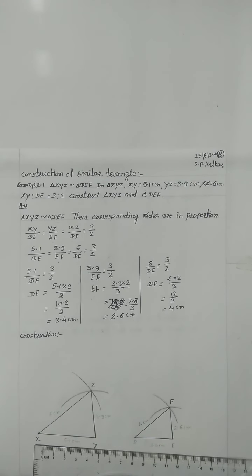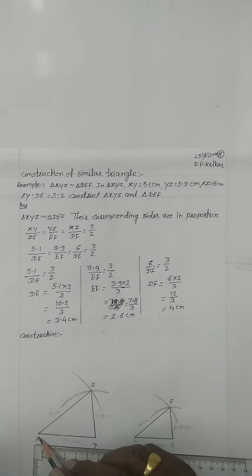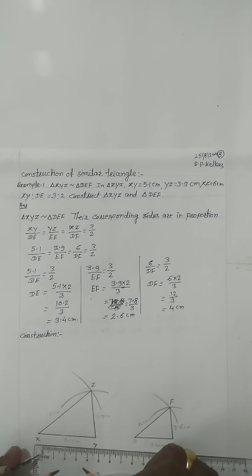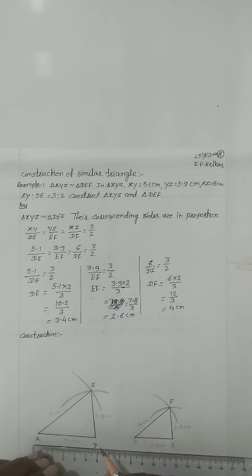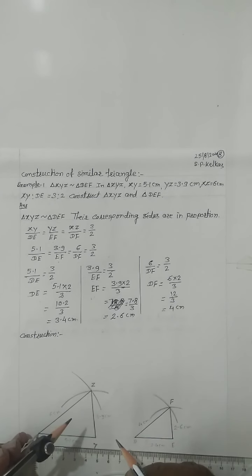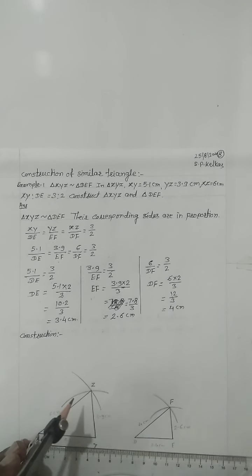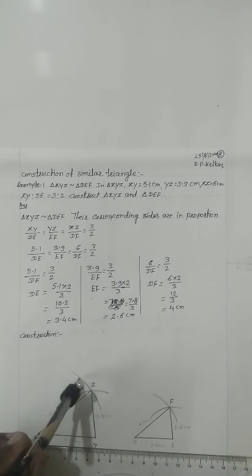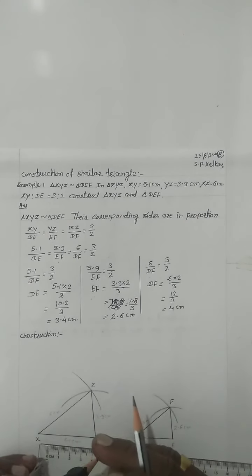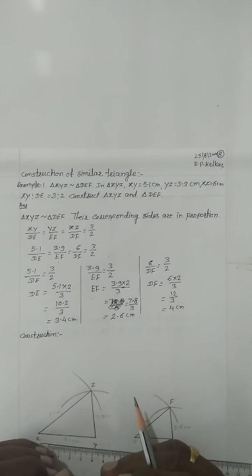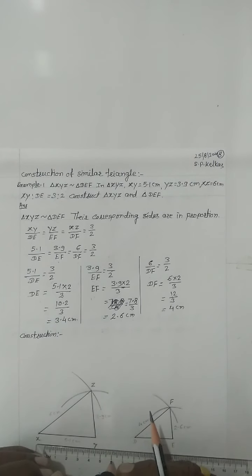Then take a compass and take a distance of the side XZ, that is 6 centimeter. Put the one terminal on the point X and draw the arc. In this way we draw the arc 6 centimeter.